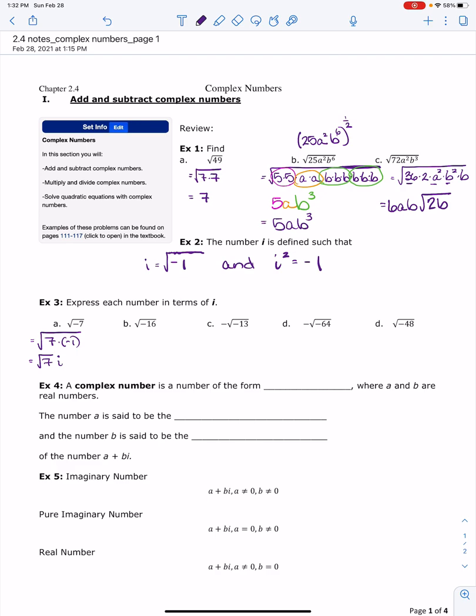B, I am going to look at this as the square root of 16 times -1. Square root of 16 is 4. Square root of -1 is i. See, I've got the negative square root of -13, and we are so used to two negatives undoing each other that we kind of intuitively want to do that here.